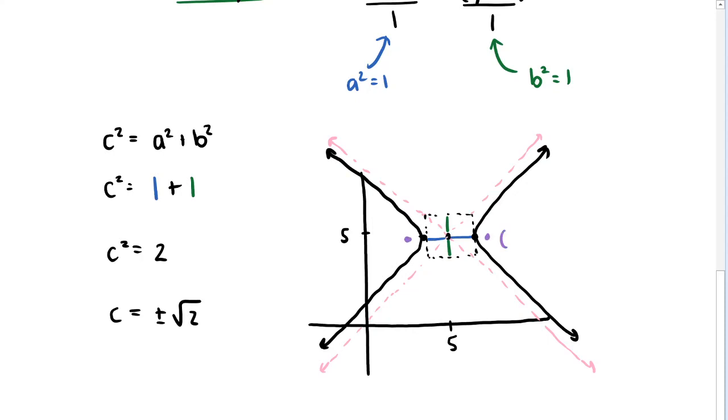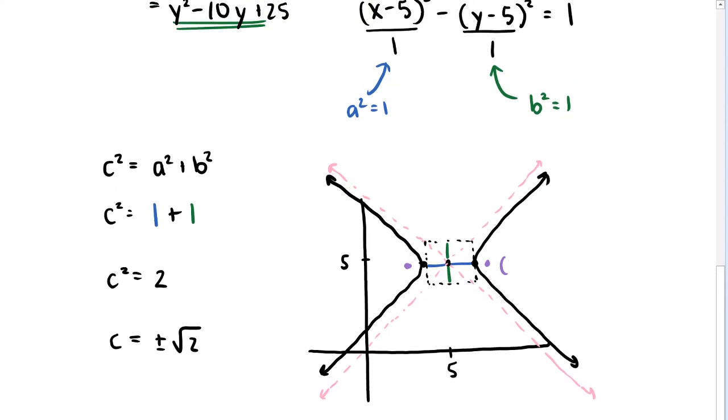So here the center was at 5, 5, so it's going to be 5 plus the square root of 2 in the x-coordinate, because this is a horizontally oriented hyperbola, and the foci are listed c units in the direction that the hyperbola is oriented. So this is 5 plus the square root of 2, 5, and then this is 5 minus the square root of 2, 5.